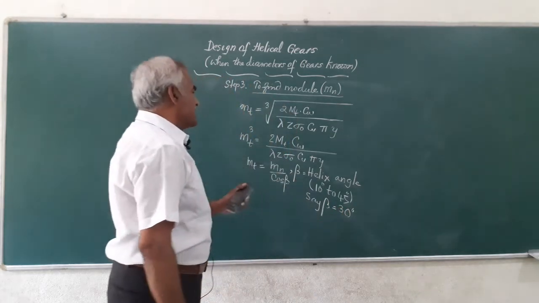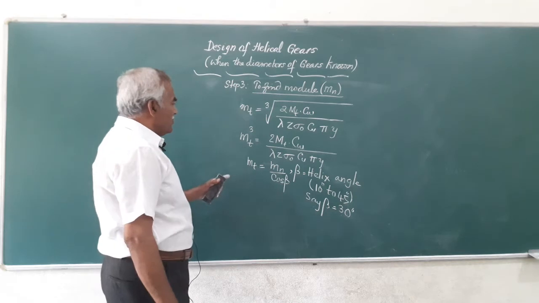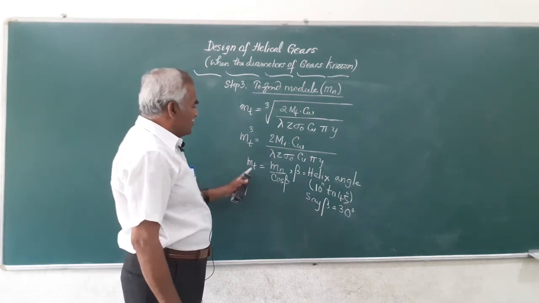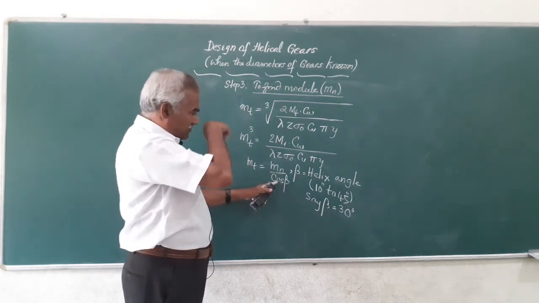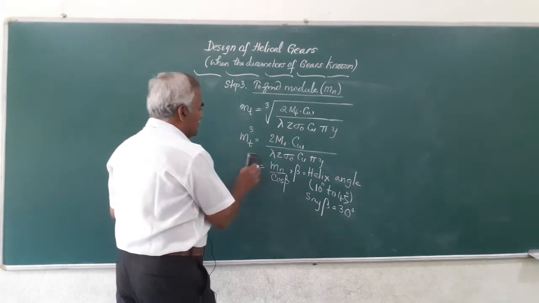Friends, in place of mt, I am going to substitute Mn by cos beta and simplify this equation.